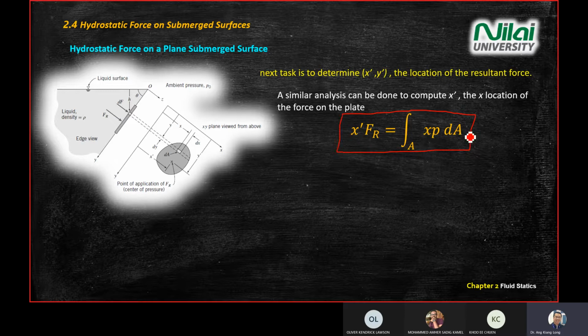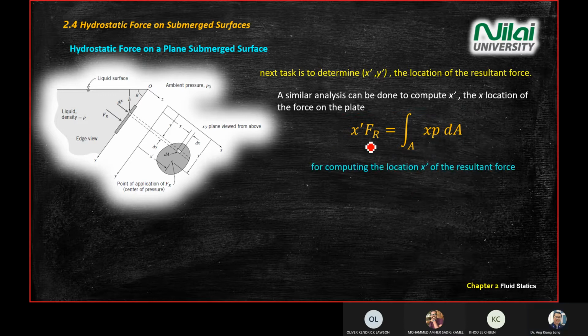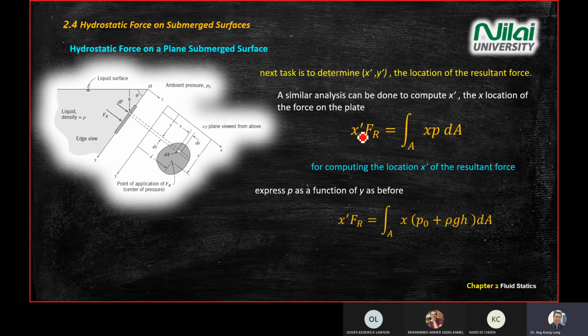Once we solve for the right hand side, then we move our Fr to the right hand side. Okay, a similar process. So again, we write x prime Fr equal to integration of your xp dA. Substitute your pressure. Again, pressure P equal to P0 plus rho gh. We'll consider the reference pressure or atmospheric pressure in our case first, right?